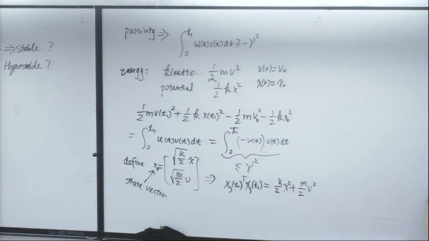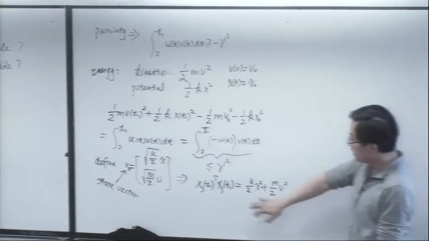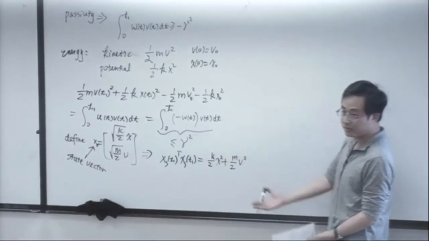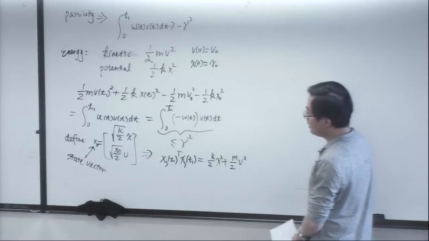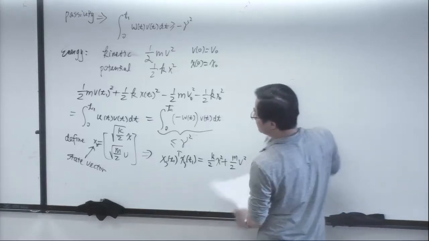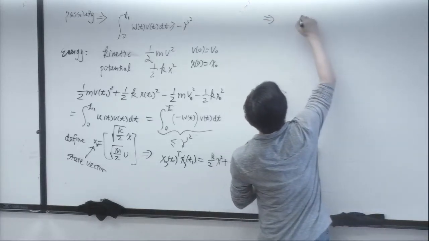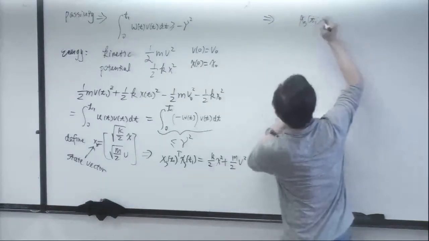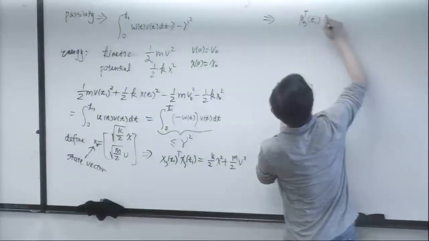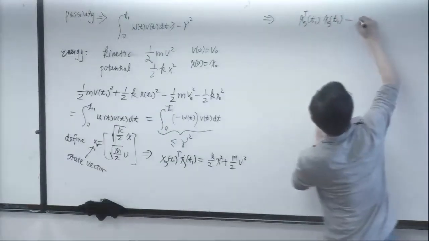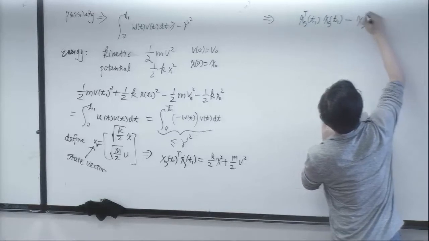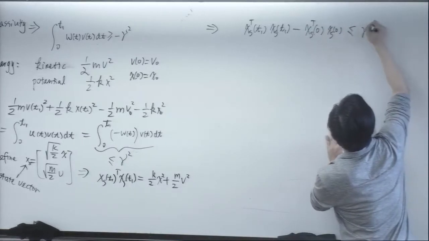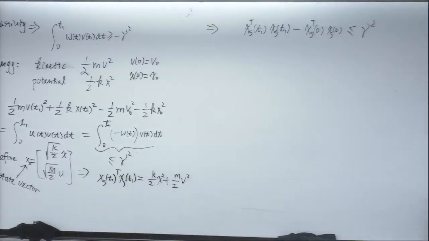Some normalization will make us be able to represent this energy term as the norm of the state vector, just for convenience of representation. All right? So therefore, what we have is the state vector at time t1 minus the initial norm is going to be upper bounded by some positive terms.